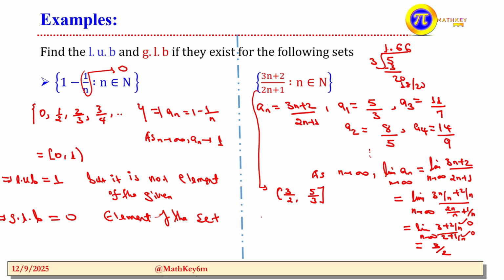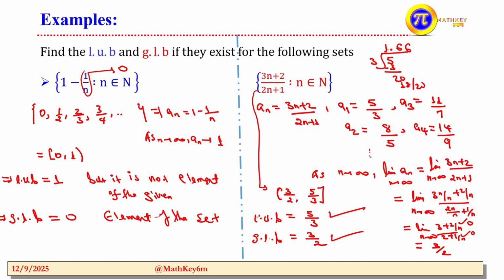From this, we can determine the least upper bound as well as the greatest lower bound for this one. What is the LUB for this? LUB of this is equal to 5 over 3, the greatest of all. Similarly, what is the GLB for this? 3 over 2. So we can determine the LUB and the greatest lower bound of the given sequence by observing the pattern of our sequence, whether it is increasing or decreasing.